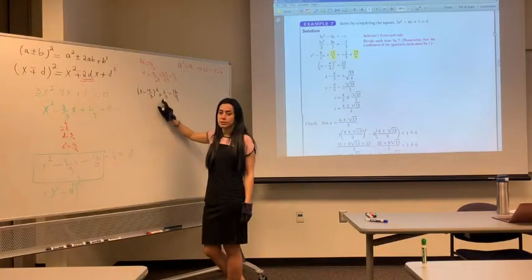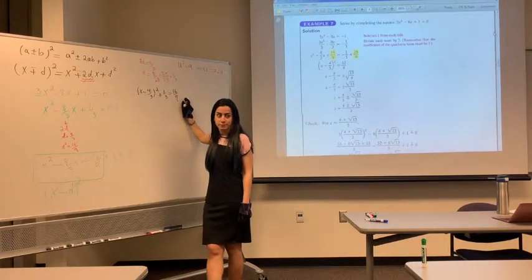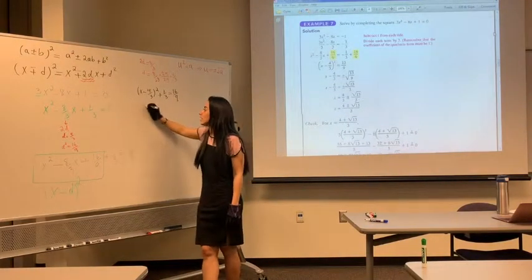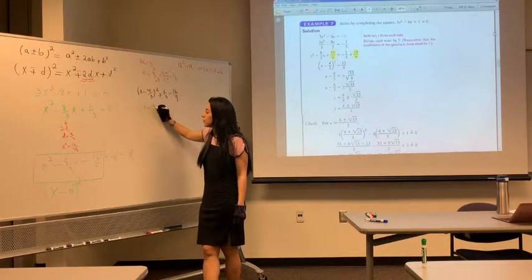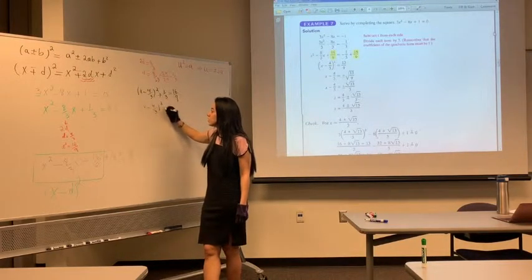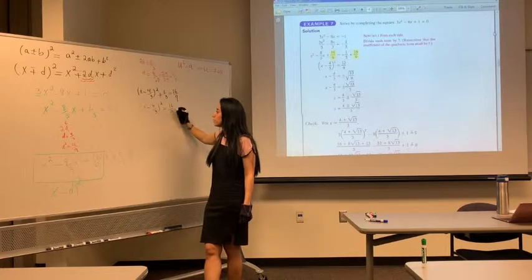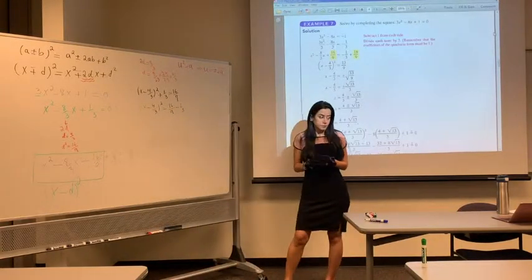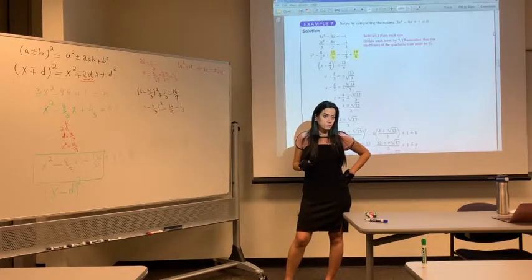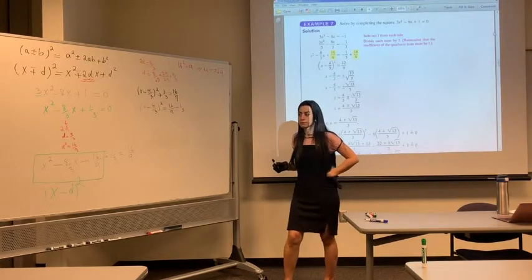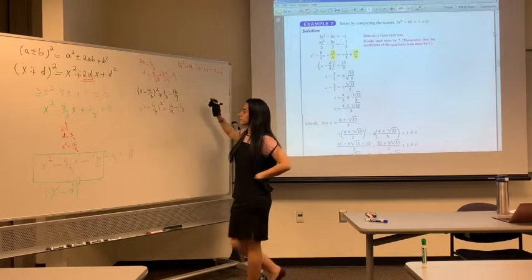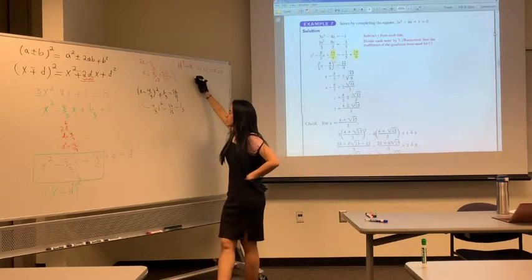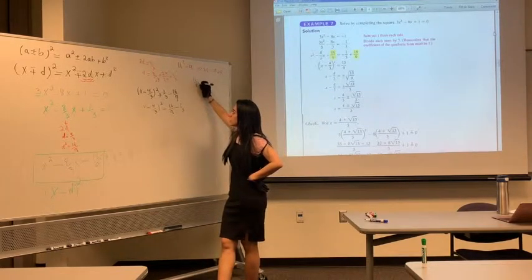So we should bring this to the other side, correct? So we will have (x minus 4 over 3) power 2 equal to 16 over 9 minus 1 over 3. Now let's solve 16 over 9 minus 1 over 3.